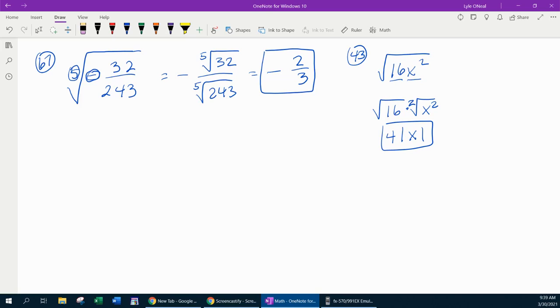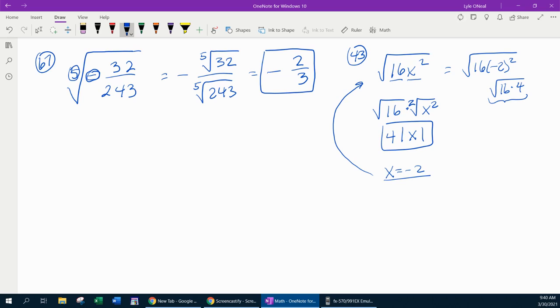So now here's why the absolute value is absolutely necessary. Let's say, for example, x is negative 2. If I plug that value into the original problem, we're going to get square root of 16 times negative 2 squared. Remember, negative numbers have to go in parentheses when you evaluate, and a negative 2 squared becomes a positive 4.